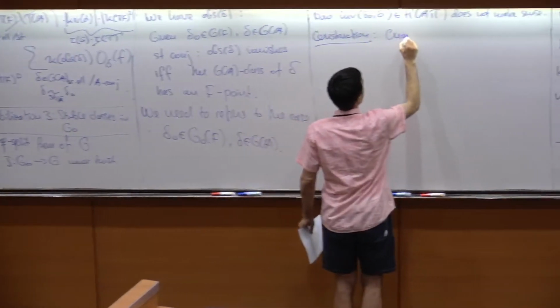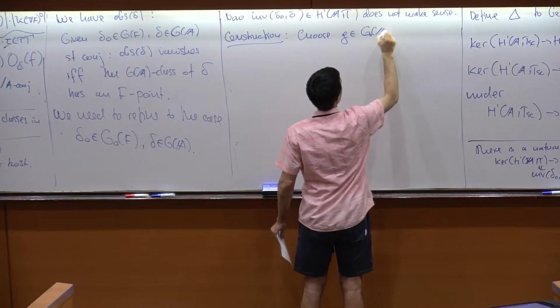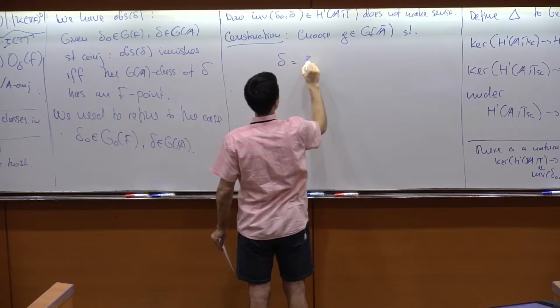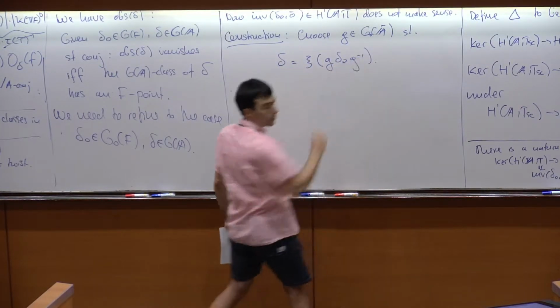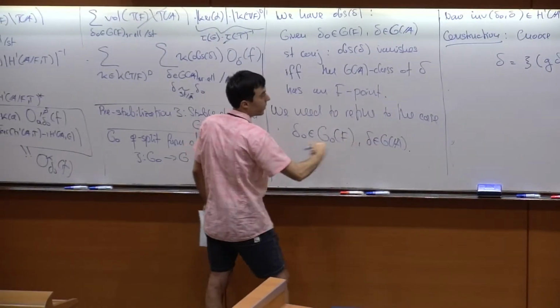Okay, so choose g in G0 of A bar such that delta is psi of g delta 0 g inverse. This g exists by the very assumption that these two elements are stably conjugate.